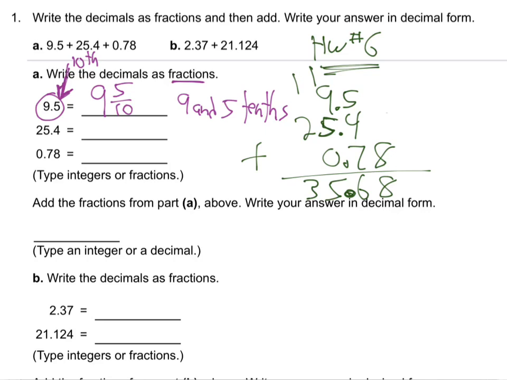It is a mixed number. Change it to an improper fraction, as you said. So how do you change this mixed number into an improper fraction? Yeah, remember you multiply the bottom, add the top. So 9 times 10 is 90, add 5. 95 over 10.